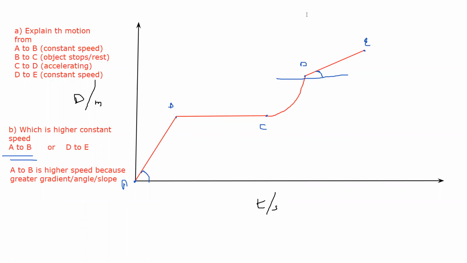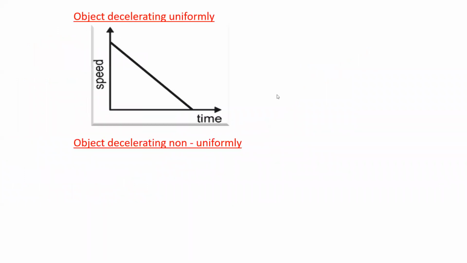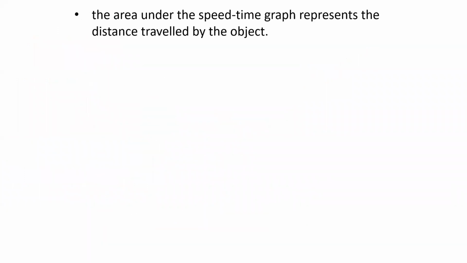So this is about the distance time graph. Then the second type of graph is a speed time graph, but that we'll discuss tomorrow. Now we'll do some questions related to the distance time graph.